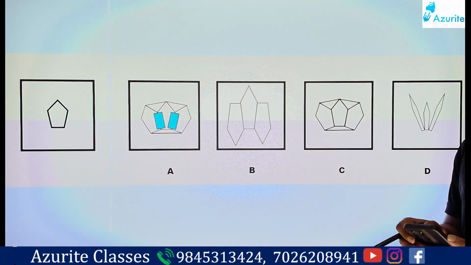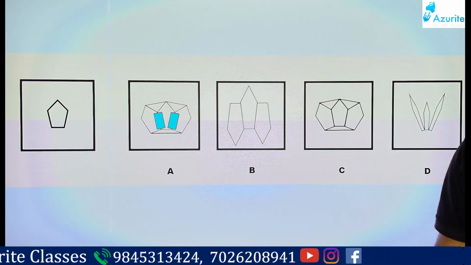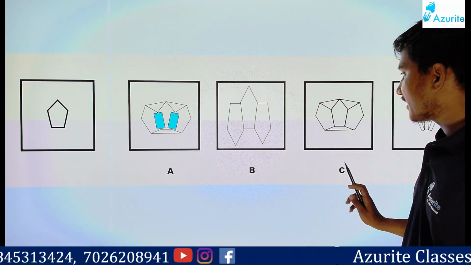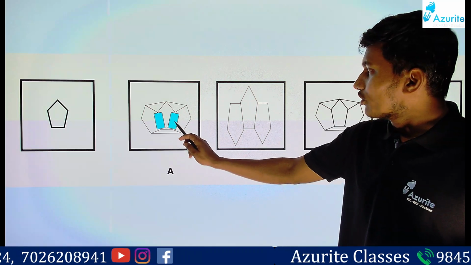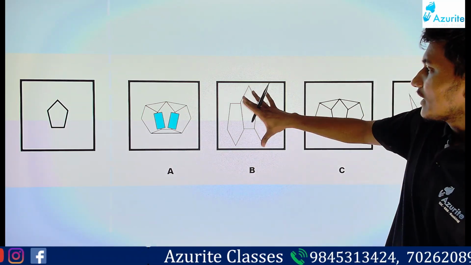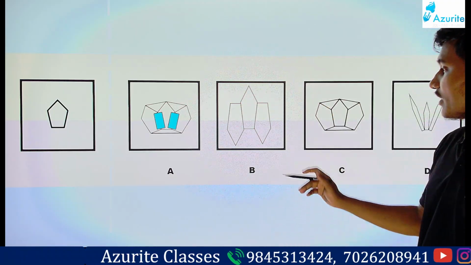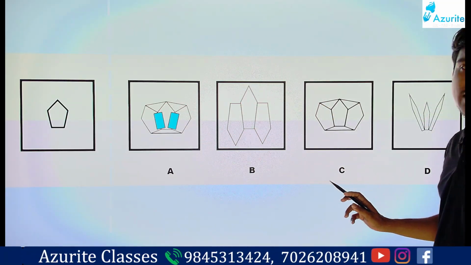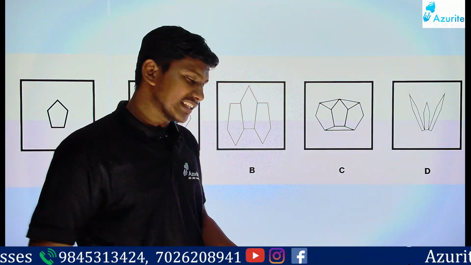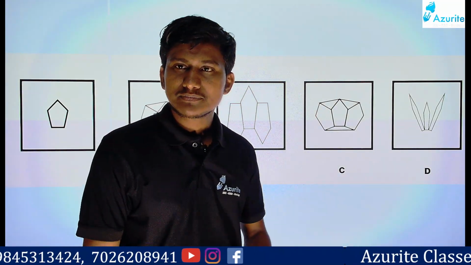Option C is correct, not A, because here squares are coming inside, and B is large. So that is why they are not the answer. This figure is hidden in option C. Understood everyone? Very easy.